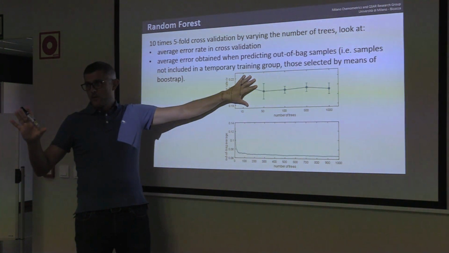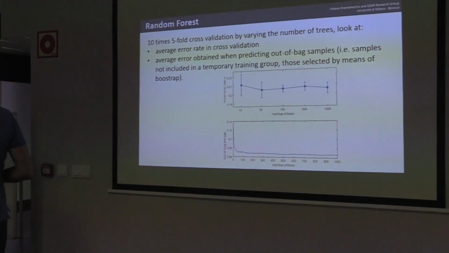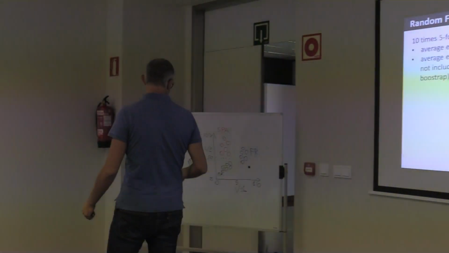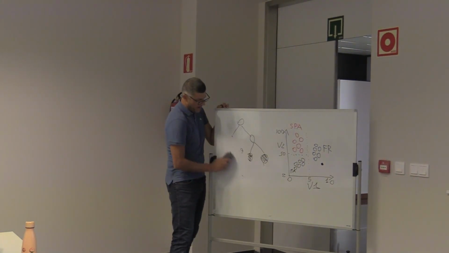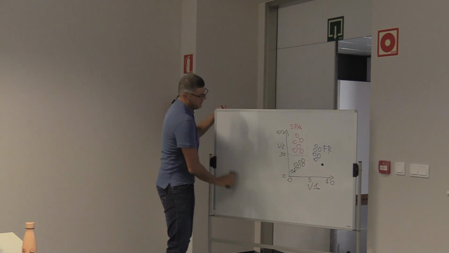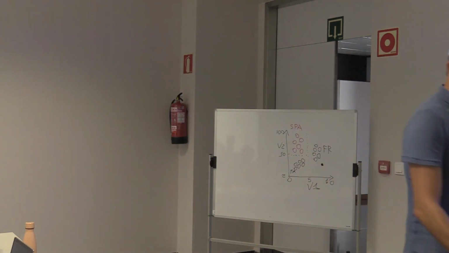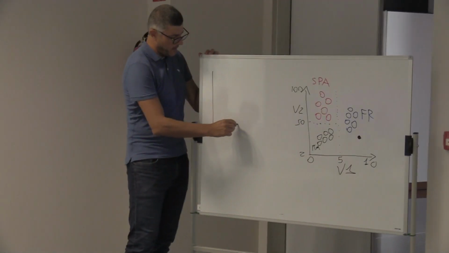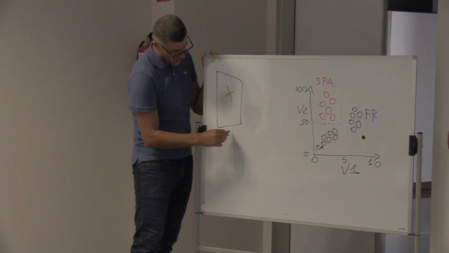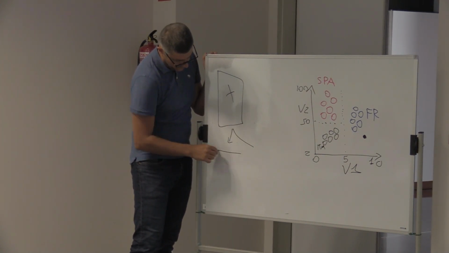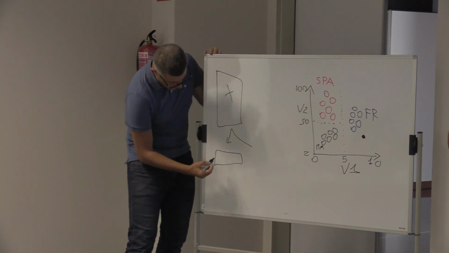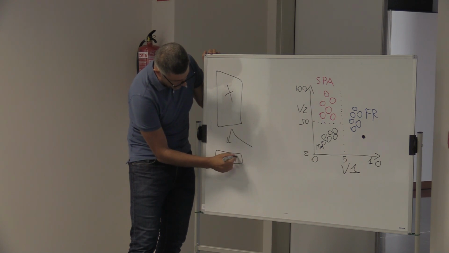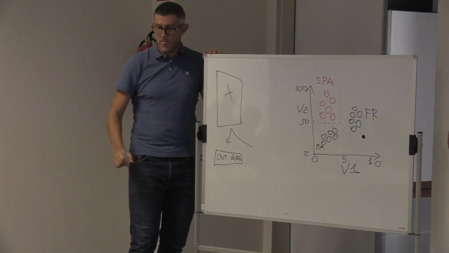Another thing you can look at is the out-of-bag samples. Do you remember? We have some samples which are left out. For each tree in our forest, we take out some out-of-bag samples.